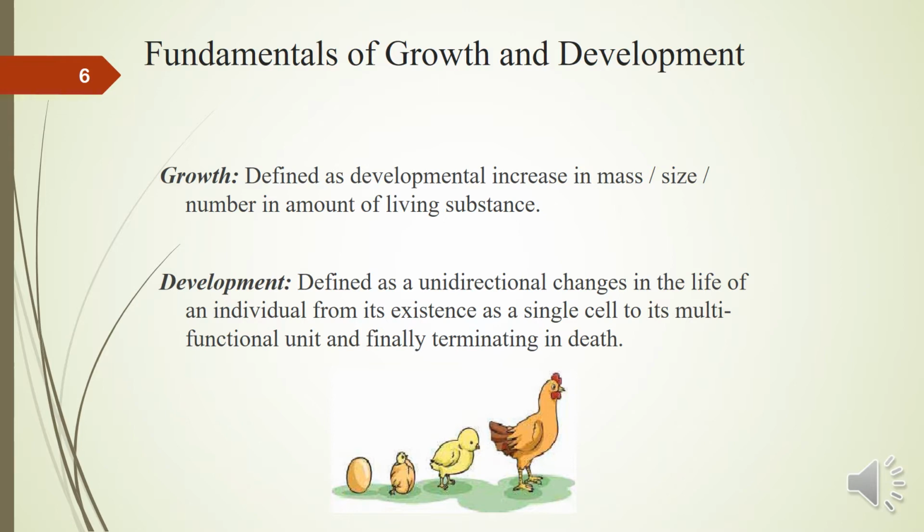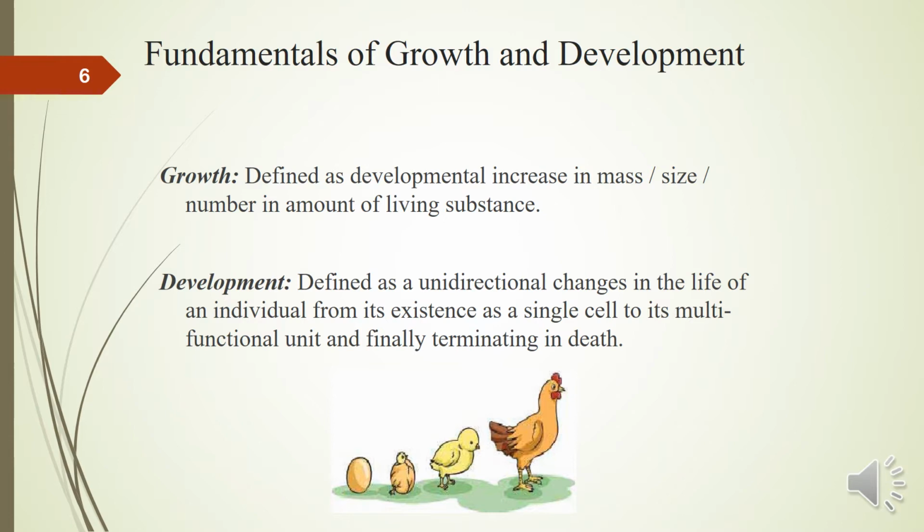And when we say development, we are looking at more complex unidirectional changes in the existence of a single cell or its multifunctional unit. And here we are more looking at complexity in association with growth. So when I say the child is developing normally, that means I'm looking at his mental development, I'm looking at his physical development, and all of this development is in one direction, right?